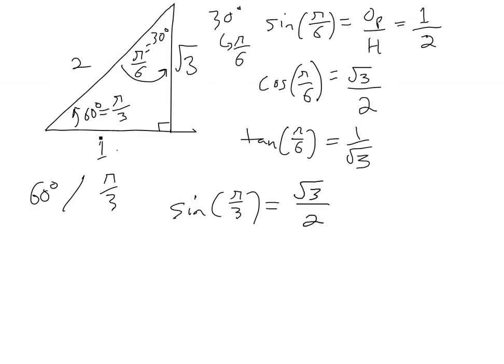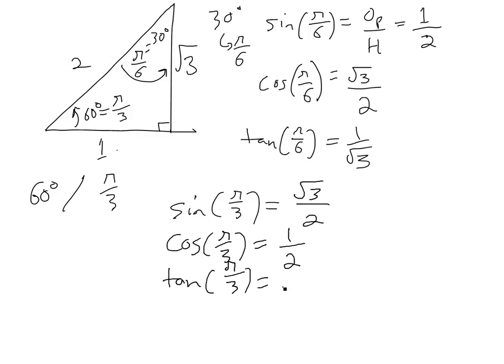Cosine is adjacent over hypotenuse, so this is 1 over 2. And tan of pi over 3 equals opposite over adjacent, so root 3 over 1, or just root 3. So these are all exact ratios.